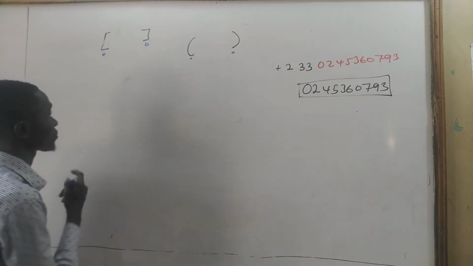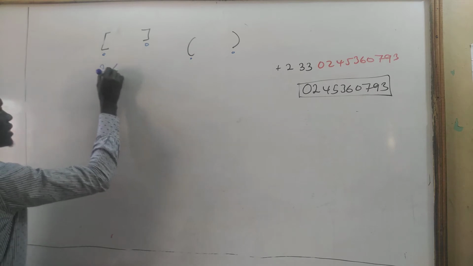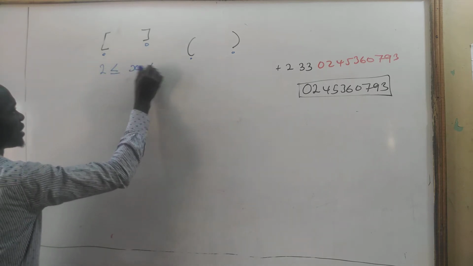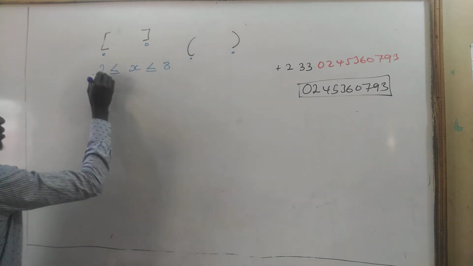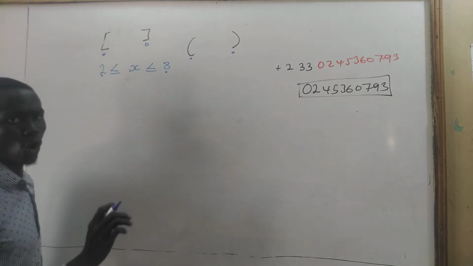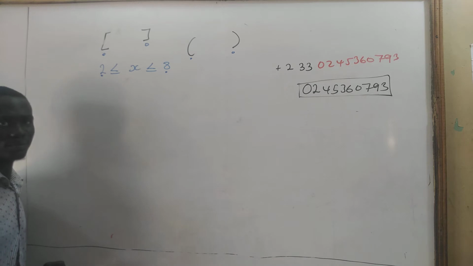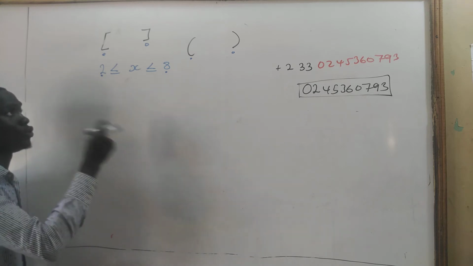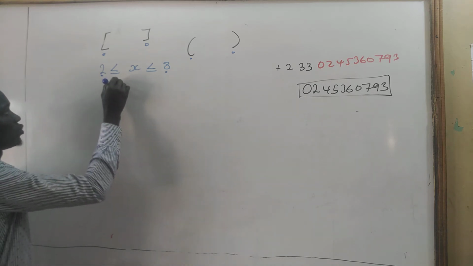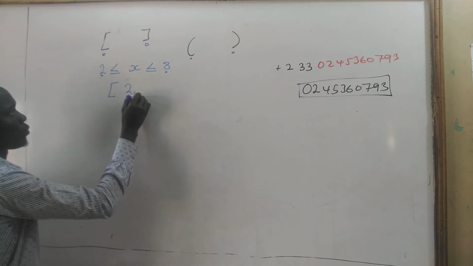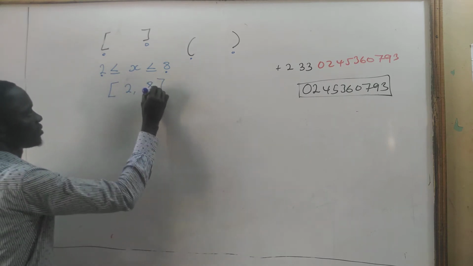Now let's see. If I have 2 less than or equal to x, less than or equal to 8, 2 and 8 are called the endpoints of this inequality. To represent this using interval notation, I write [2, 8].